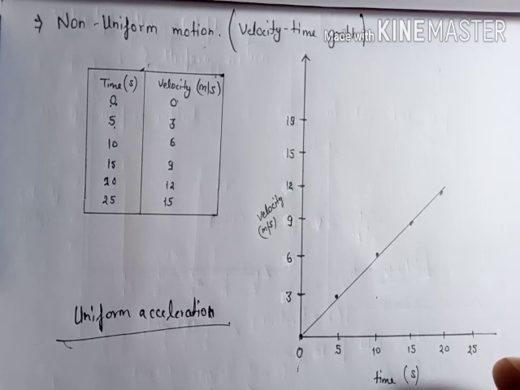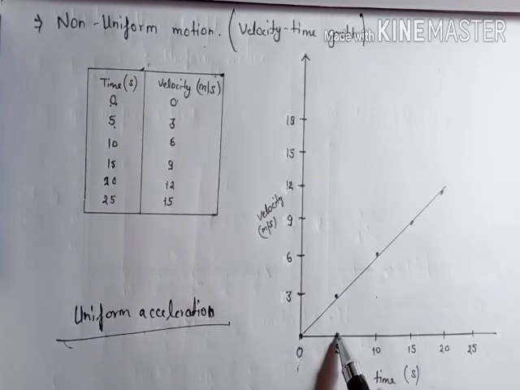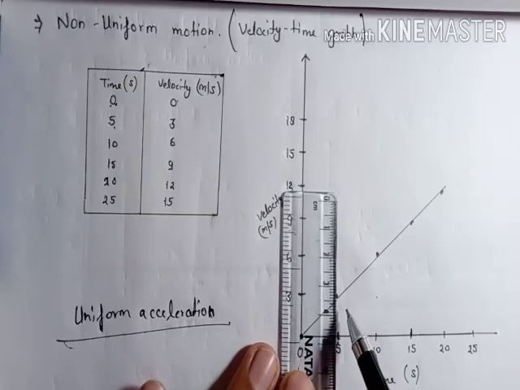And if you have a question, what is the distance traveled by this body under uniform acceleration or non-uniform acceleration, for both conditions, from 5 seconds to 15 seconds, you have to do one thing only. Check what is the area covered by this graph.